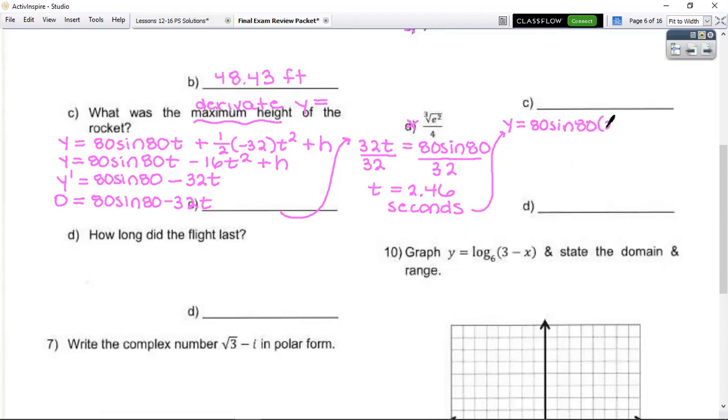So 2.46, and then minus the 16 and 2.46 squared. Okay, so that will be your answer. What do we get from this? 80 sine 80 times 2.46 minus 16 times 2.46 squared is a height. So maximum height looks to me like 96.98.